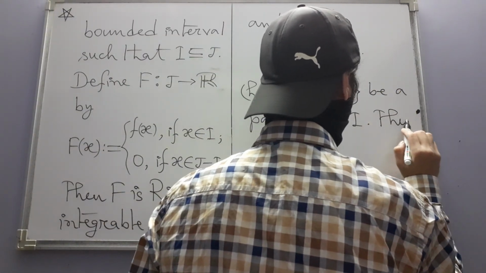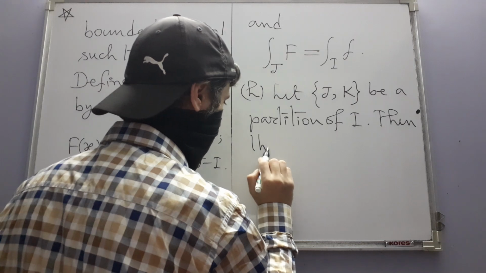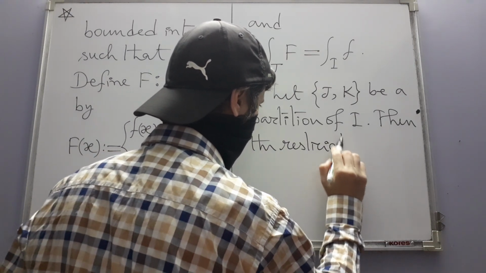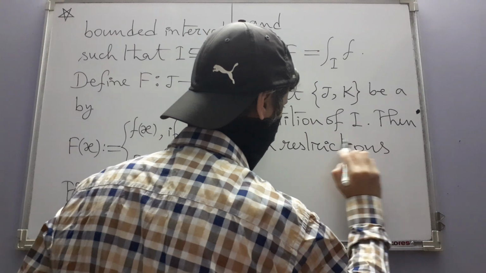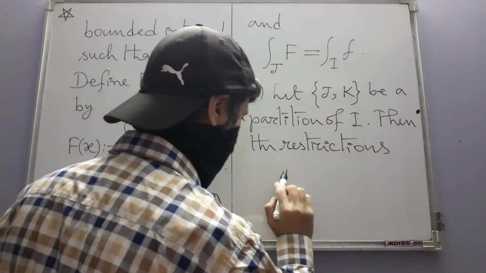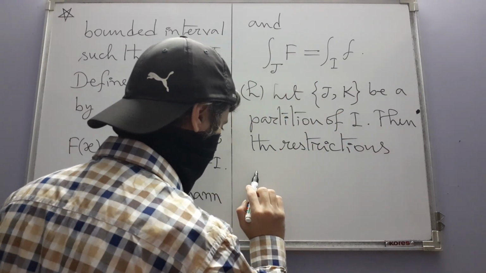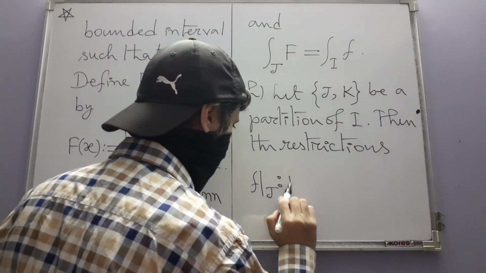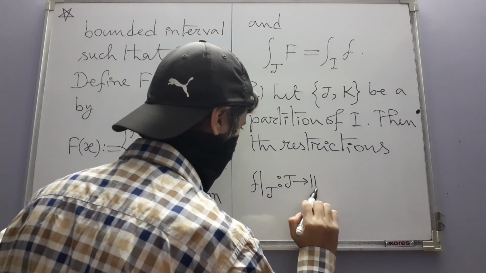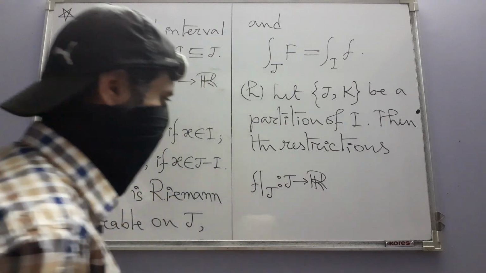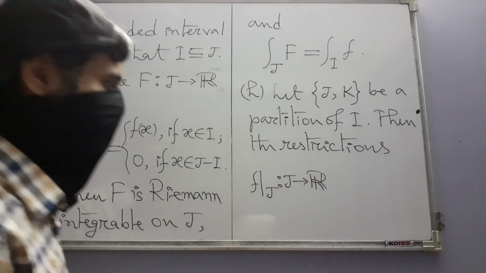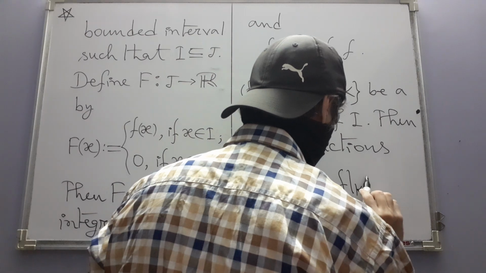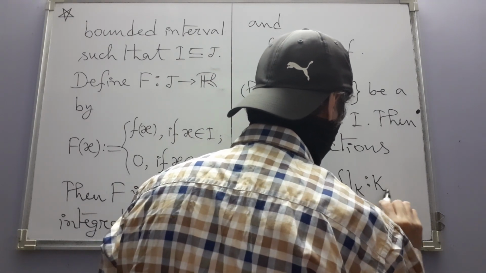Then these two restrictions: the restriction of f on j, this is going to be a real valued function with domain j, and again the restriction of f to k.